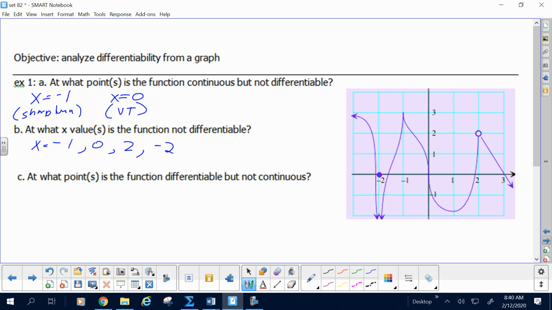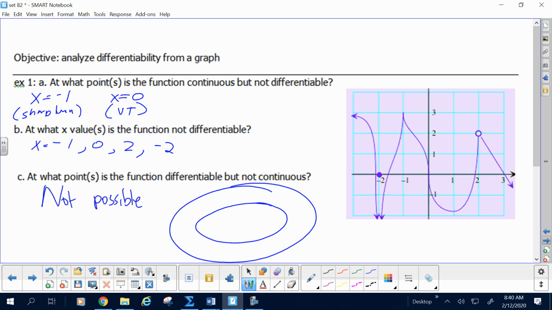At what point is the function differentiable but not continuous? Not possible. Okay? Think of it like this. Think of a Venn diagram.